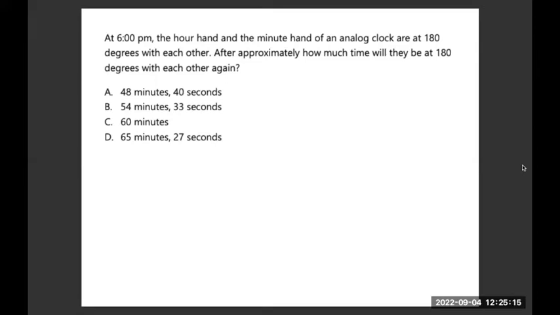Which is the time after 6 p.m. at which the hour and the minute hand will be at 180 degrees?